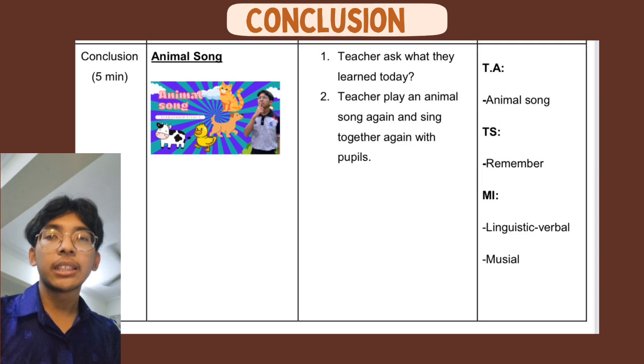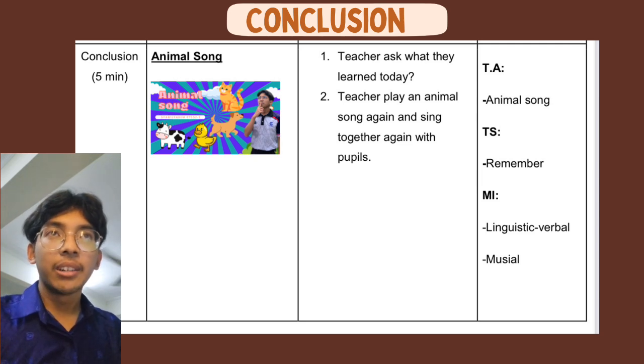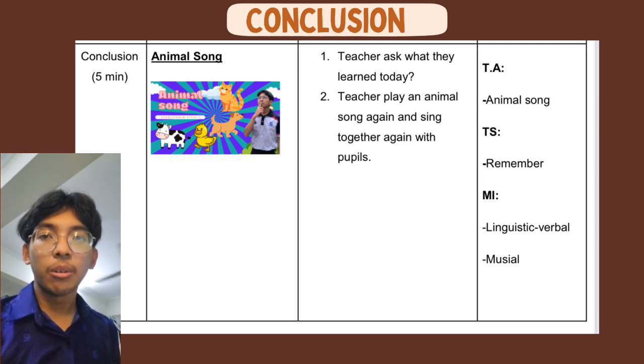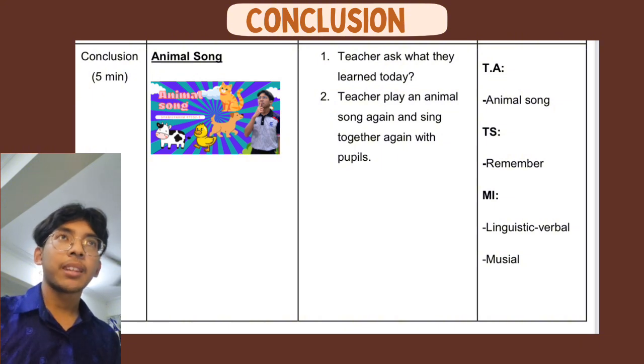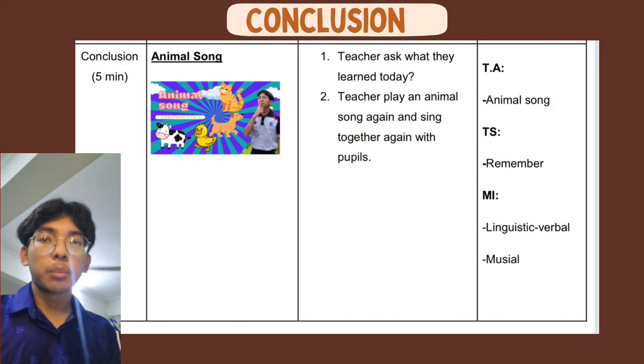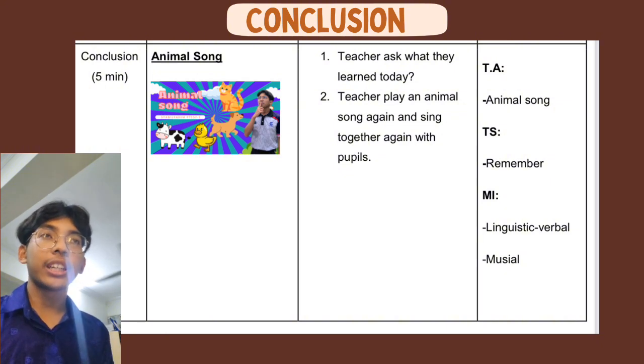The conclusion will take 5 minutes, in which the teacher will first ask them what they learned today, and everyone will respond about animal sounds, what kind of animals they learned, or anything they learned today.